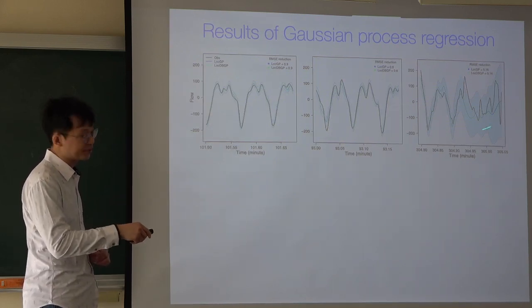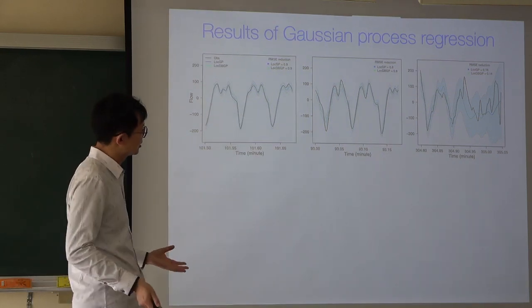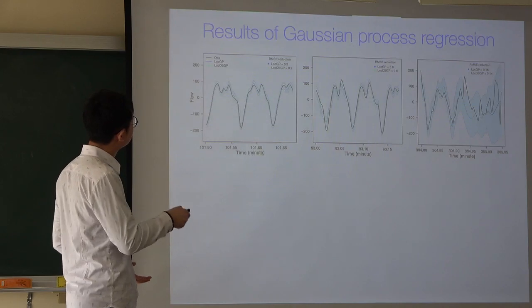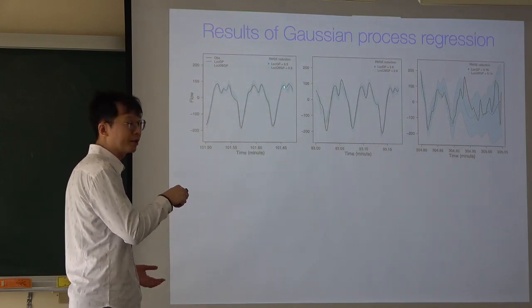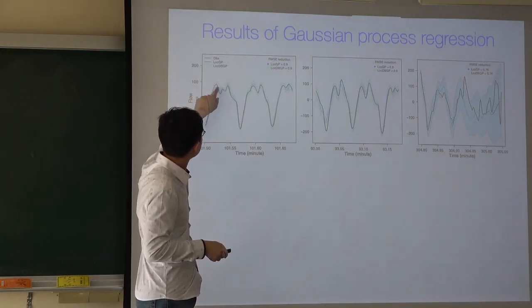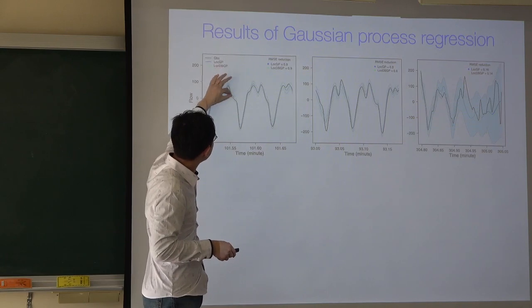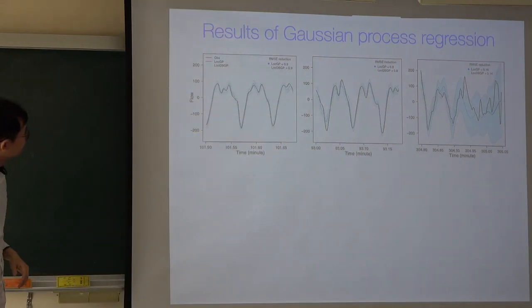This is a low quality reconstruction. So the signal quality of the respiratory signal also plays a role. But no matter what, you can see that if the respiratory signal quality is high, we can recover it quite well. The black one is the ground truth, and you can see there is a band. This band is the uncertainty quantified by the Gaussian process.